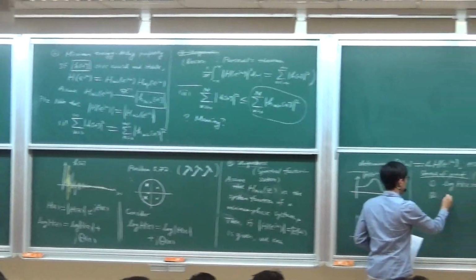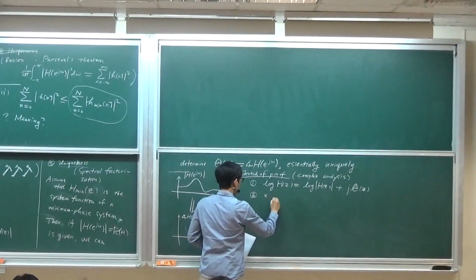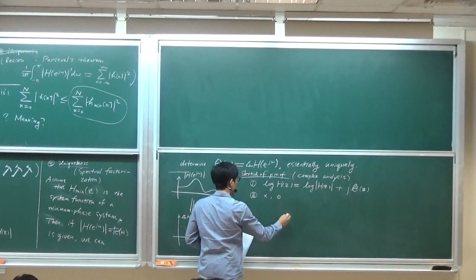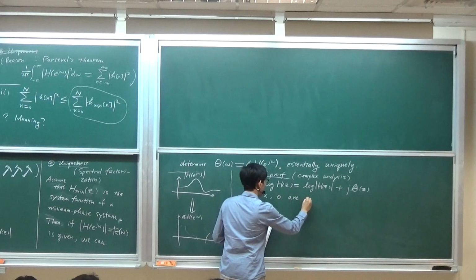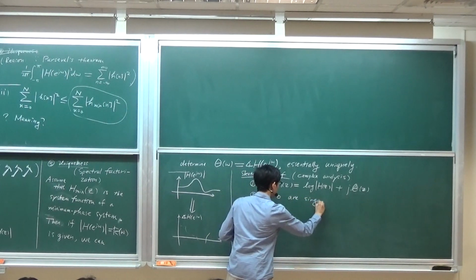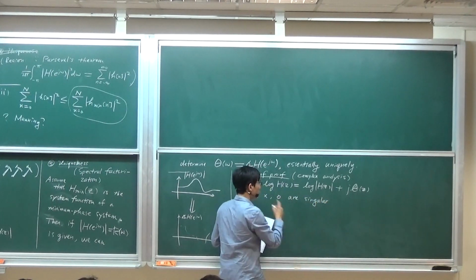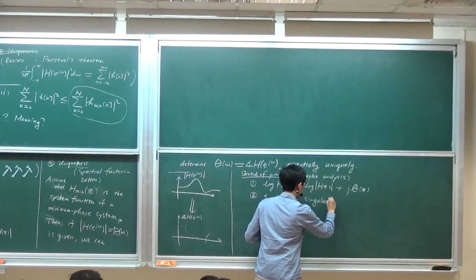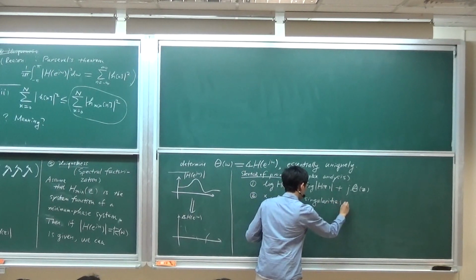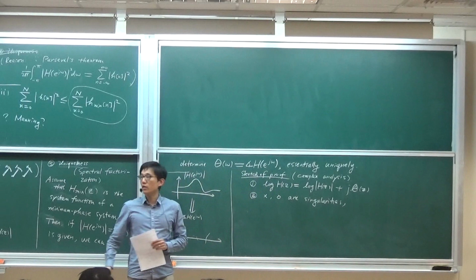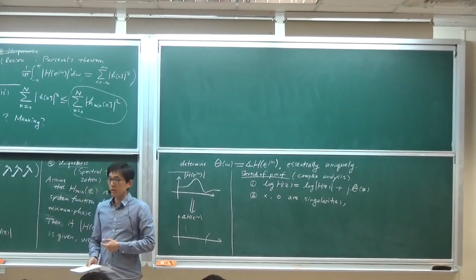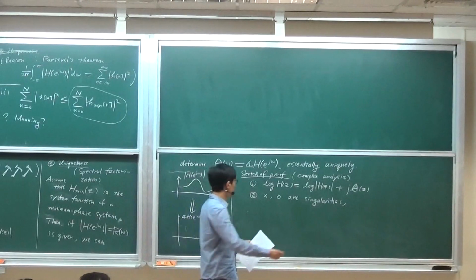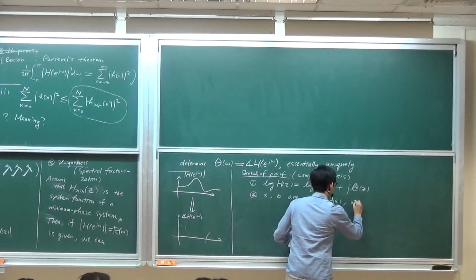Second thing to note is that these places, the poles and the zeros, are singularities. Indeed, you cannot evaluate log of h of z over there. And we know that by definition, all these singularities for log of h of z are inside the unit circle.